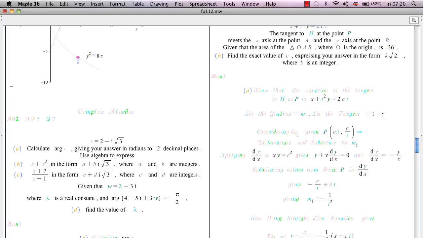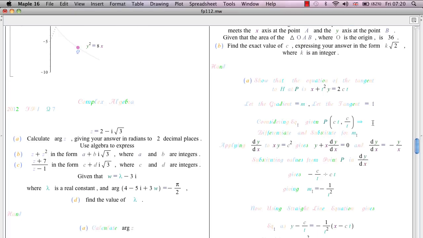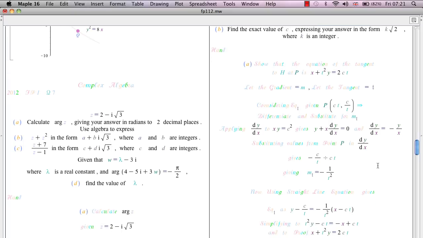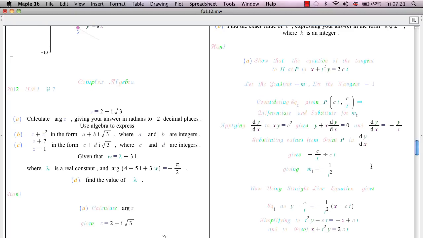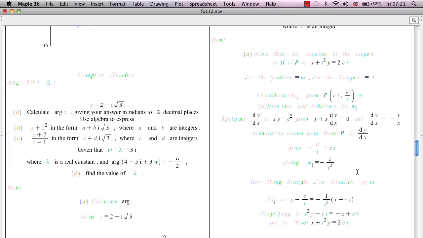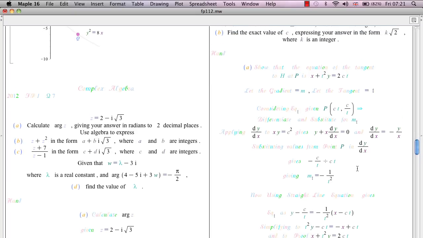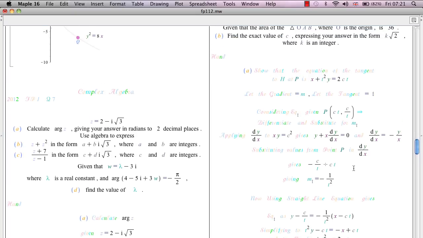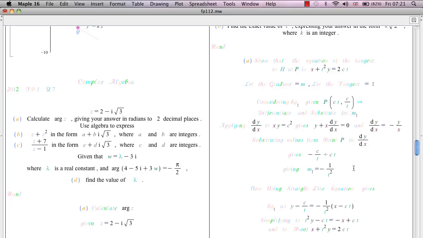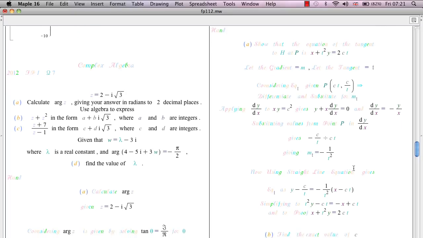So given the hyperbola equation and the point, differentiating the hyperbola equation implicitly gives the gradient expression as minus y over x, and using the coordinates of P, minus c over t divided by c over t will give us an expression for the gradient of minus 1 over t squared.